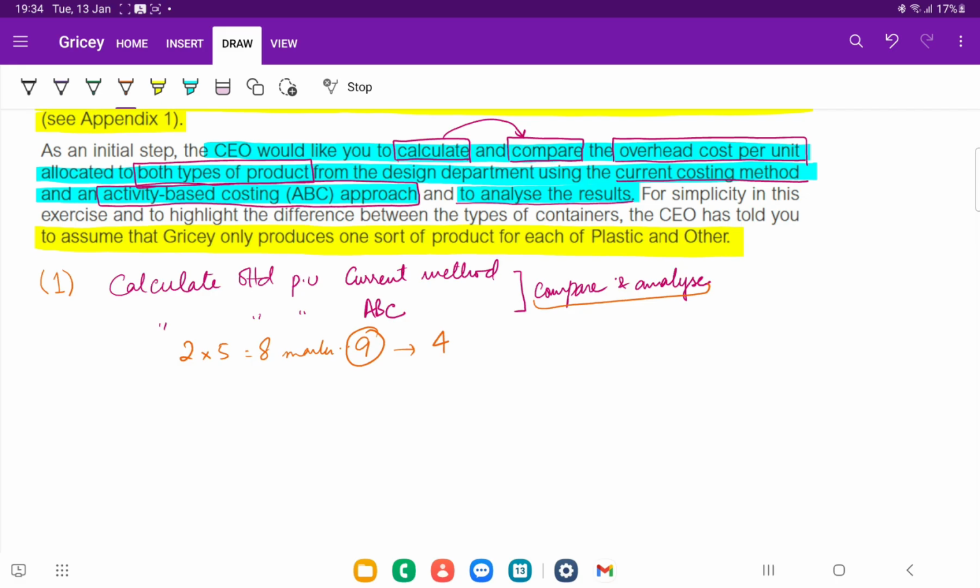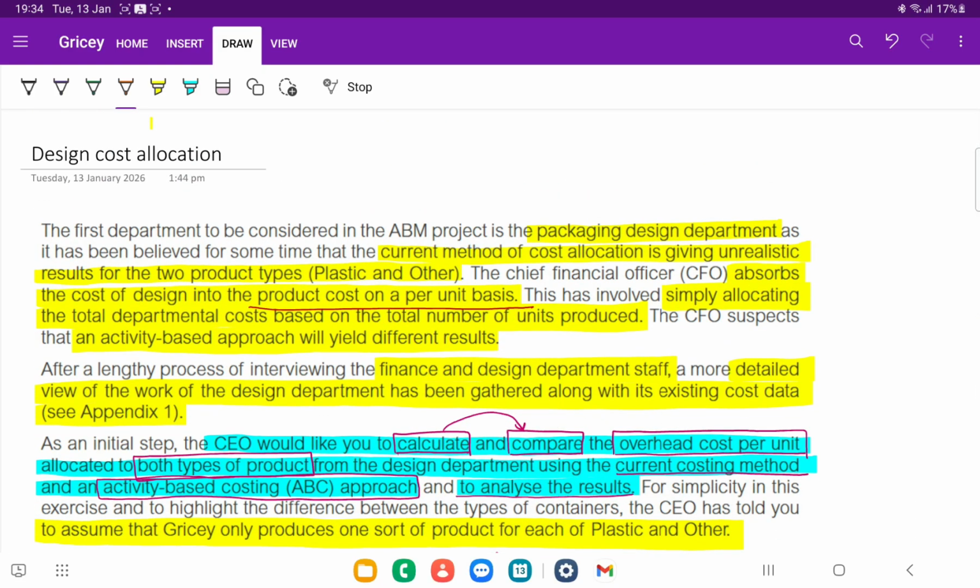But to be very honest, if you want to identify how many marks you should focus on while writing the answer, it should not be more than 4 or 5 marks. So that's basically the initial dissection of the marking scheme. Now we are moving towards the appendix, and let's see what's given there.